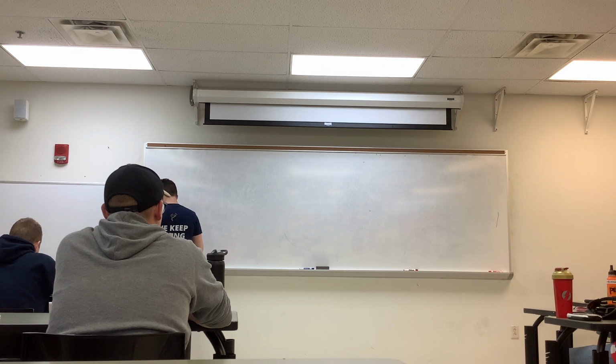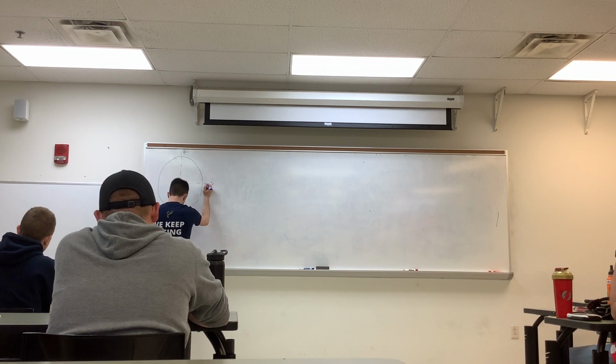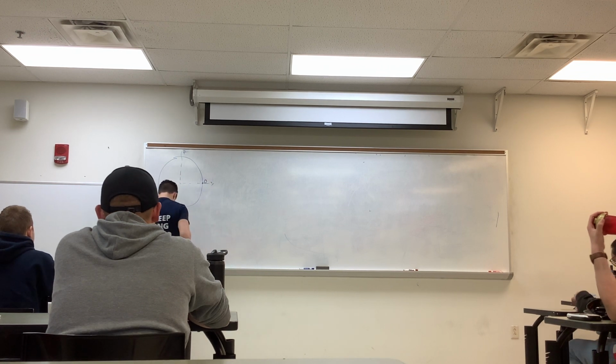Go look it up. So starting off, there's the problem. This is our ring. We had our y-axis and our z-axis. We had our point D, which was located here.